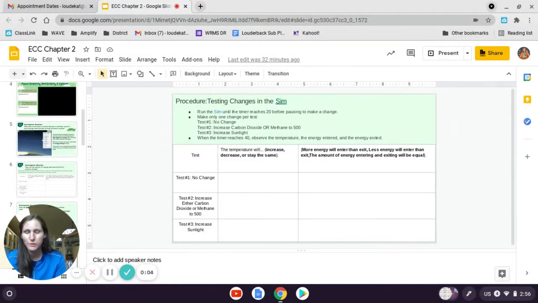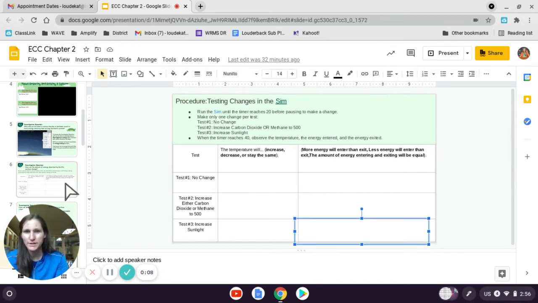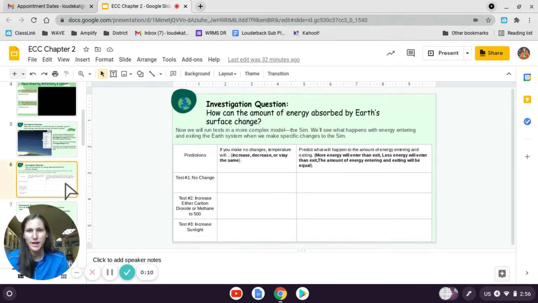I'm going to walk you through how to use the sim today to explore our investigation question, which is how can the amount of energy absorbed by Earth's surface change? So we're pretty much doing three types of tests today.